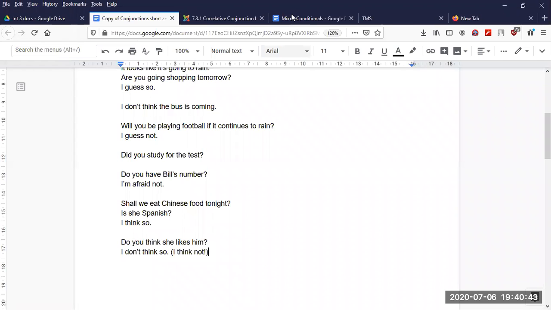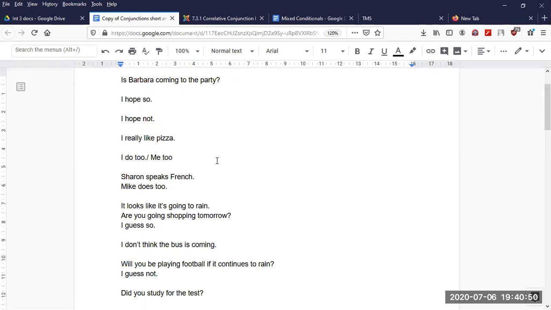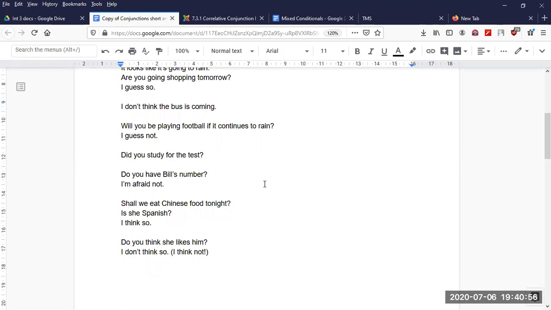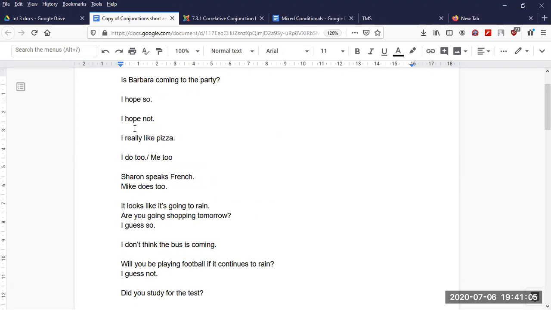Okay, does anyone have any questions about these short answers? They're quite self-explanatory. They're very similar to Spanish. Apart from I think, I'm afraid not. Creo que sí. Espero que sí. Espero que no. Yo también.